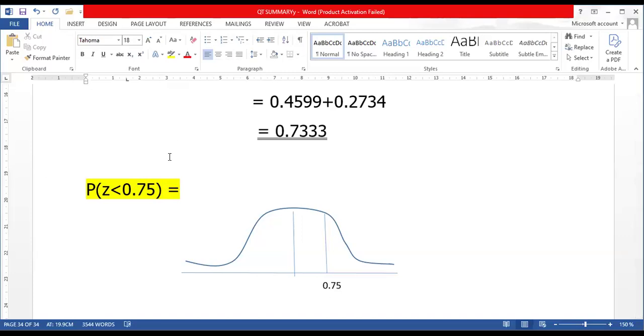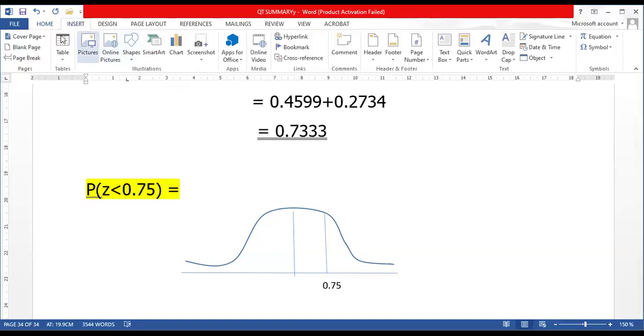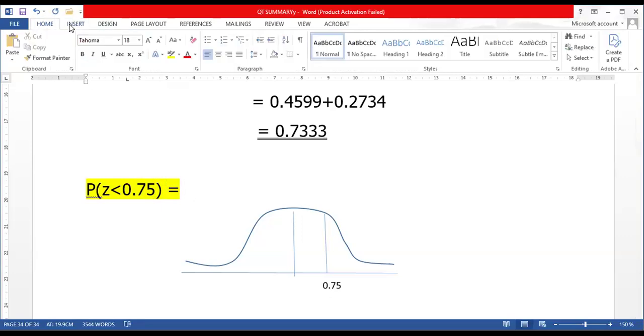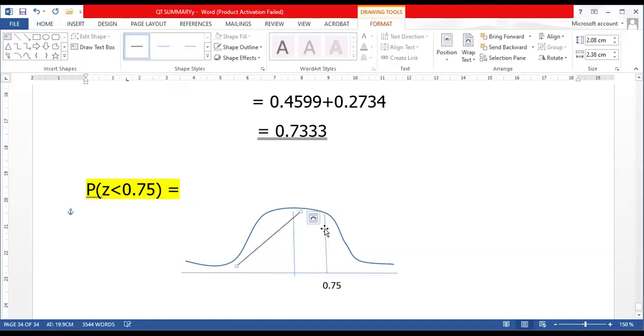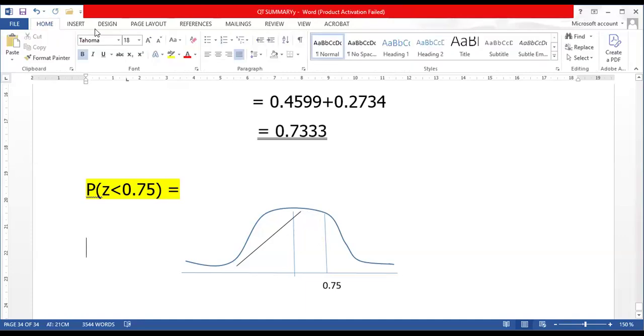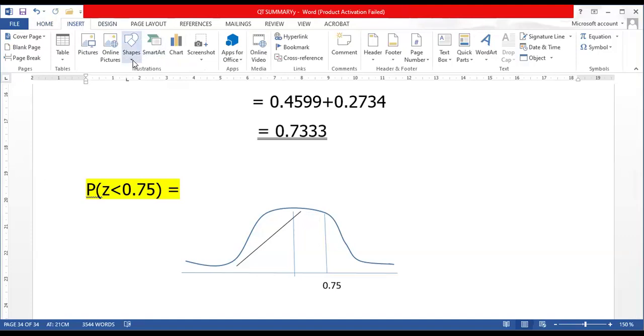The left side. Assume after standardizing you have something like this. You shade the left side to infinity, the whole of this side. And that will be equal to what?